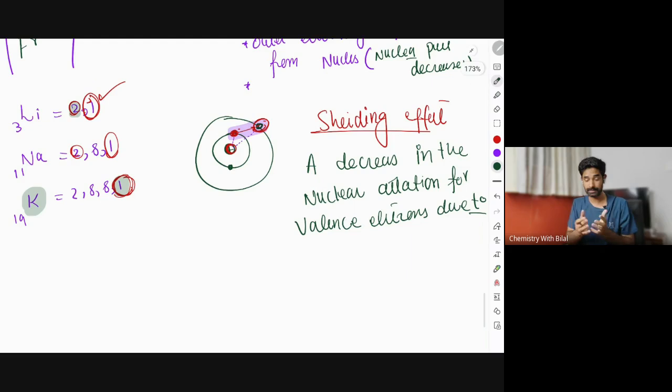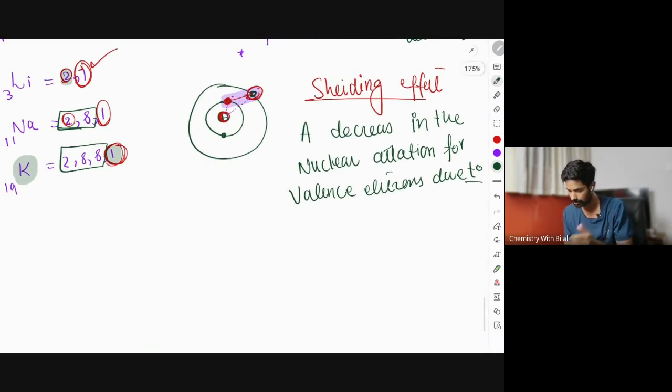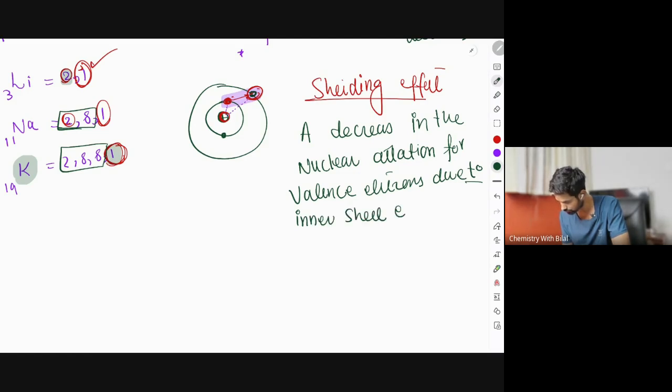It is a decrease in the nuclear attraction for the valence electron due to, please help me complete the sentence. Due to what? Due to the inner electrons or inner shell electrons. So greater the amount of inner shell electrons, greater is the repulsion, more is the shielding effect. So a decrease in the nuclear attraction for the valence electron due to the inner shell electrons.